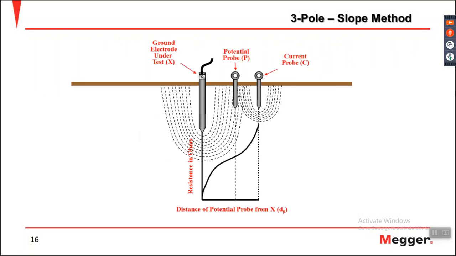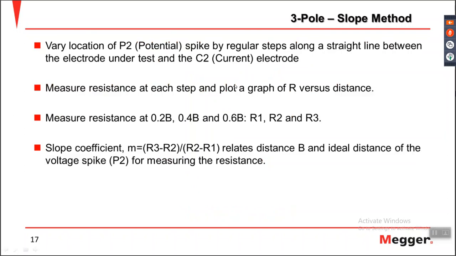We just want to make sure we don't put our potential probe in the interference area, so we need to define the correct position of the potential probe. This is how we do this method. To apply this technique, you need to follow this procedure.